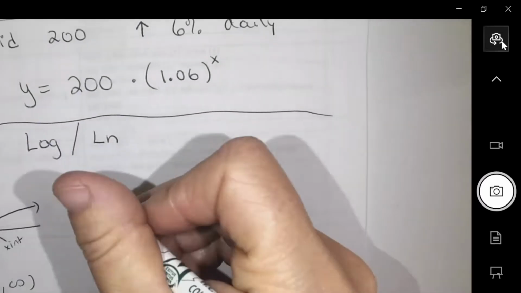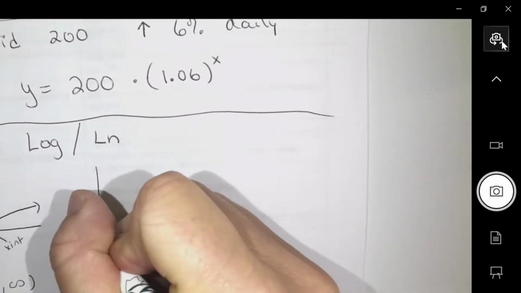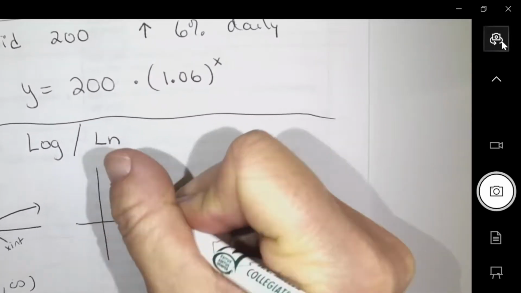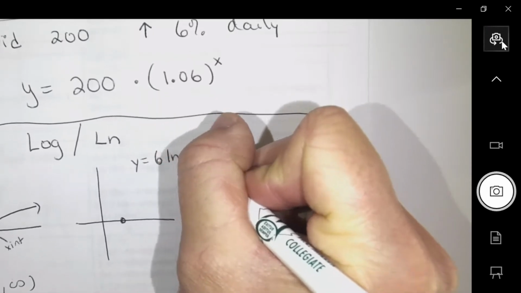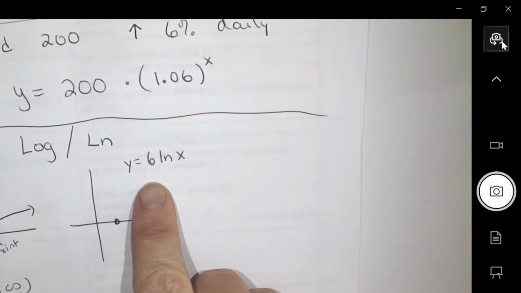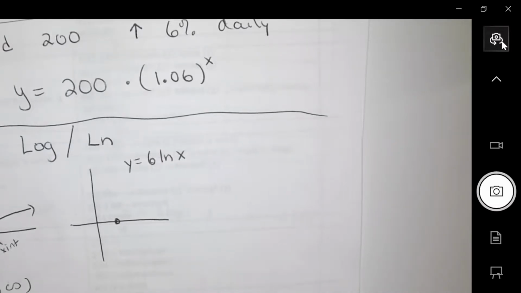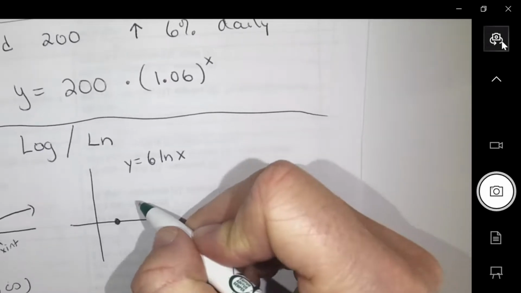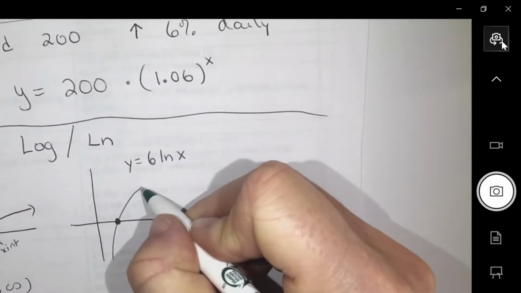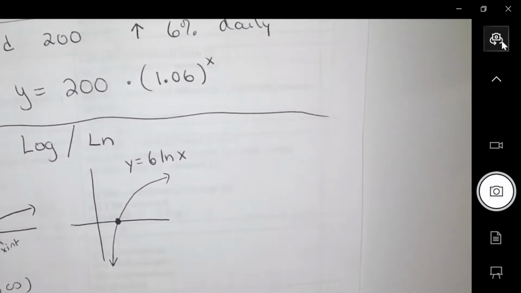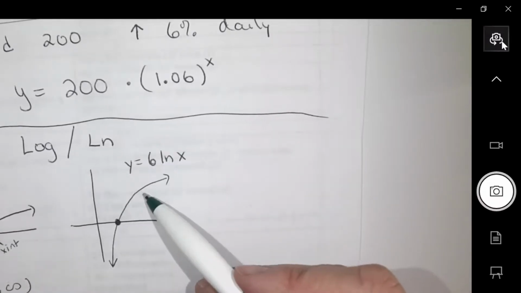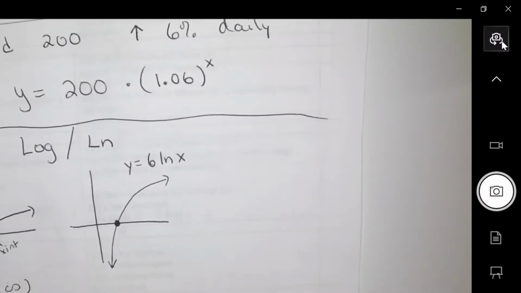Okay, what if I threw a number? What does that do if I throw a number into the front of it? It just makes it increase a little faster. Okay, so if I throw a number in the front like that, that's what happens.